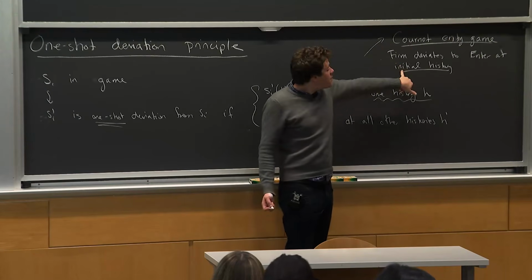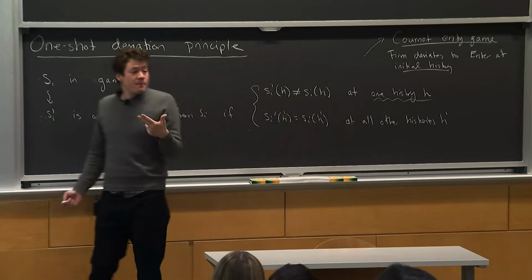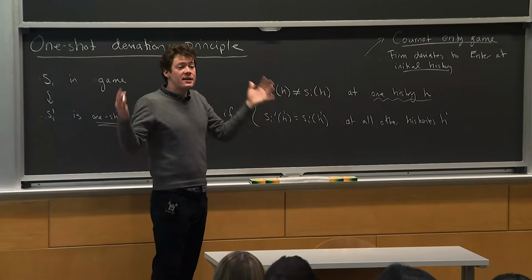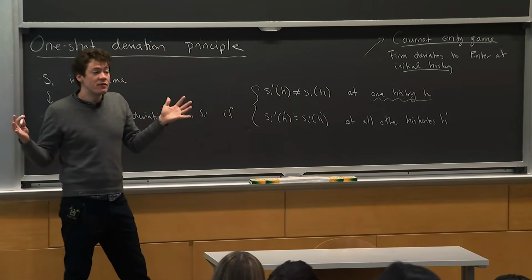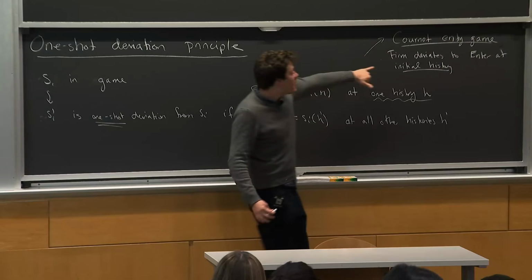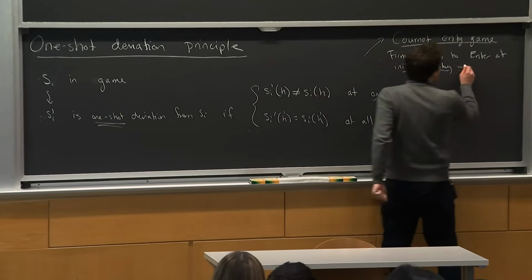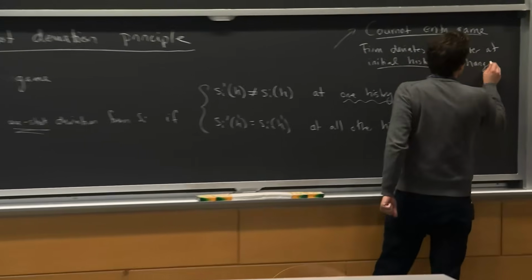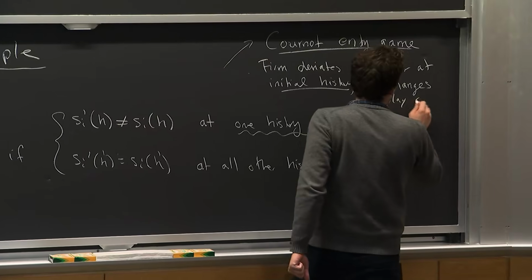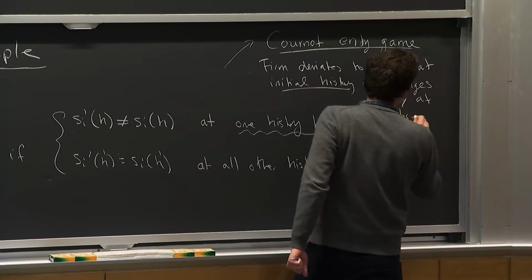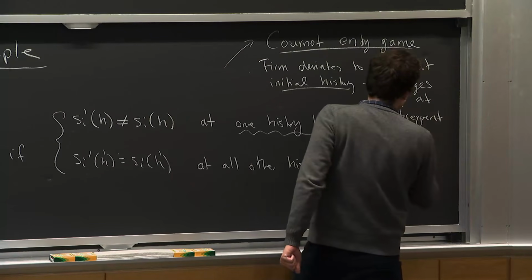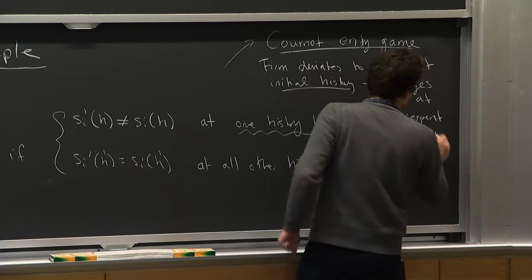But now, because they've entered at that initial history, the way everyone plays in the second period becomes quite different. So even though the firm is deviating at a single history, it changes play at all subsequent histories. Why?